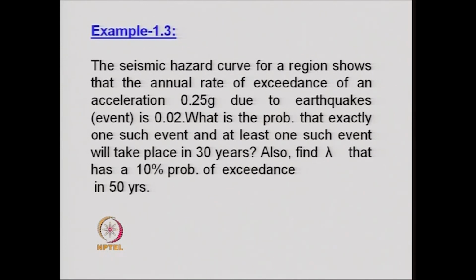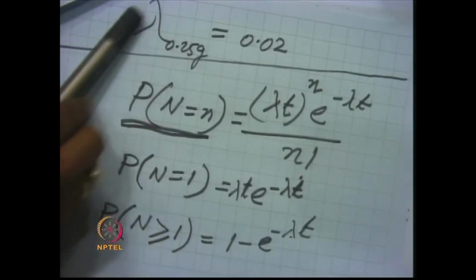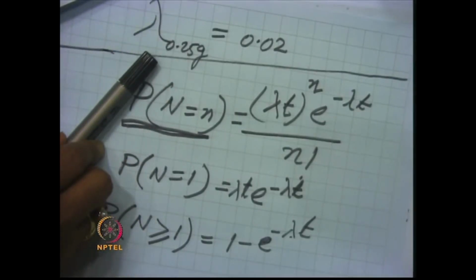The other is the probability that at least one such event occurs, that is, at least once this peak ground level will be exceeded in 30 years of time. Also find the value of lambda that has a 10% probability of exceedance in 50 years of time. That means one has to calculate the value of this lambda for a 10% exceedance in 50 years of time.